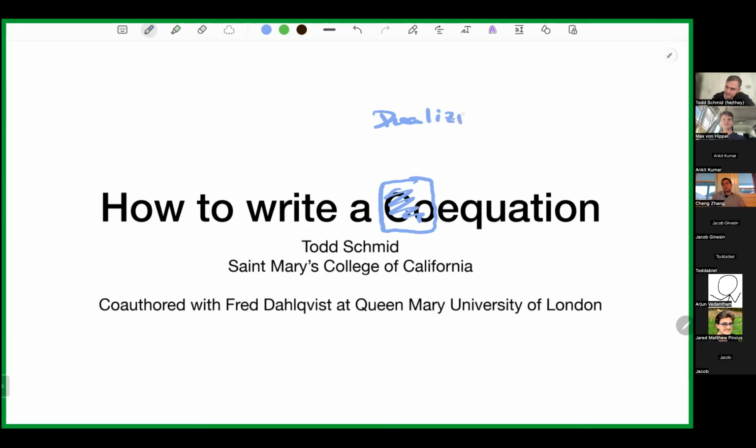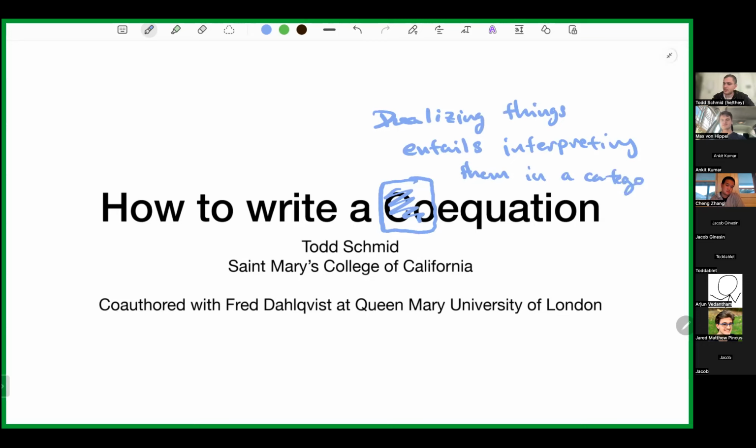Dualizing things entails interpreting them in a category. So I'm going to start by interpreting equations and giving an equivalent description of equations in very categorical terms.